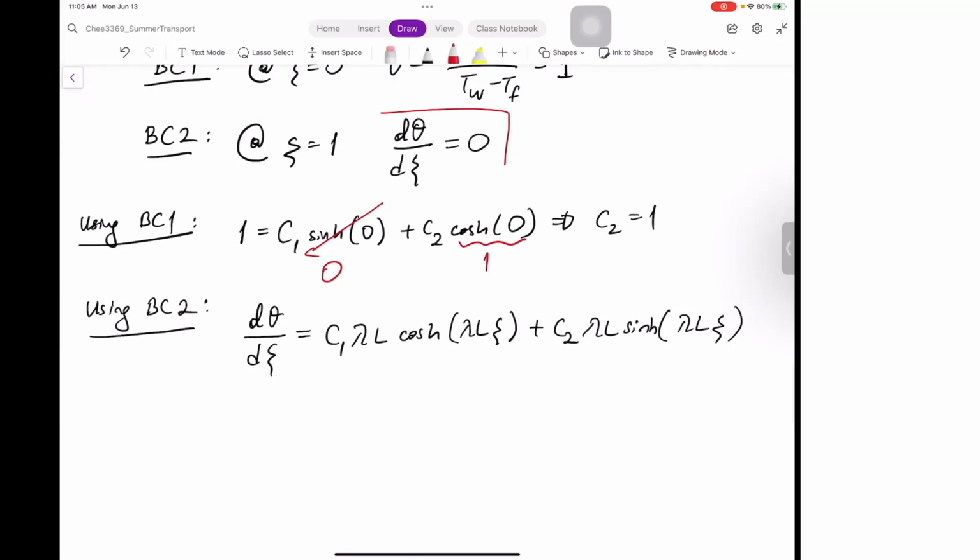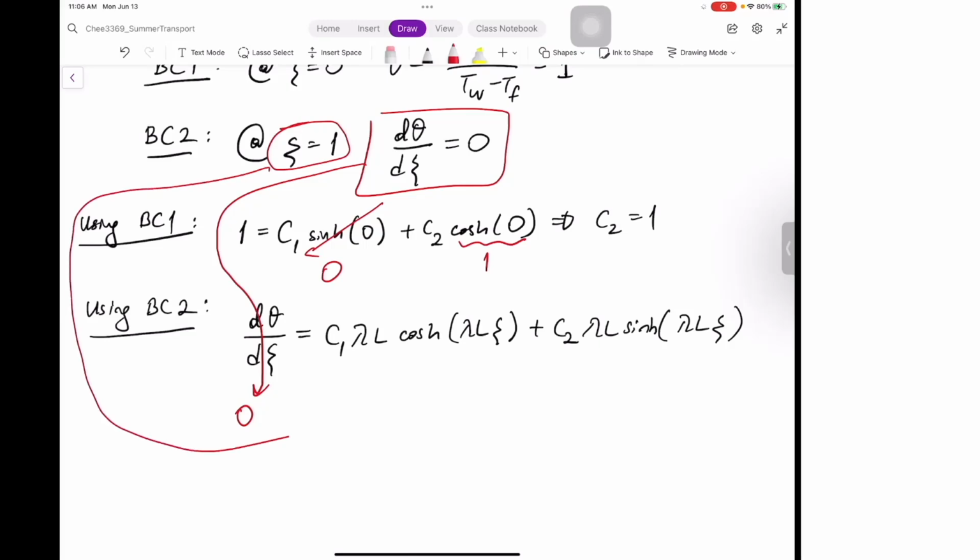So from here, boundary condition 2. This is 0. And this one, I need to plug in here and here. Say 1, 1.